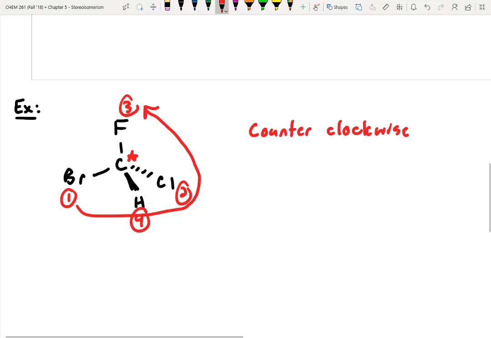Counterclockwise is normally S. However, our lowest priority is coming towards us, so we want to switch from an S to an R configuration. So counterclockwise, but the lowest priority is forward.